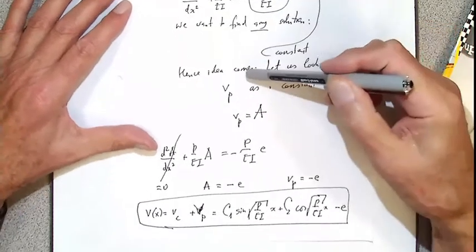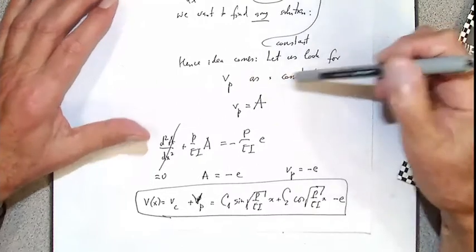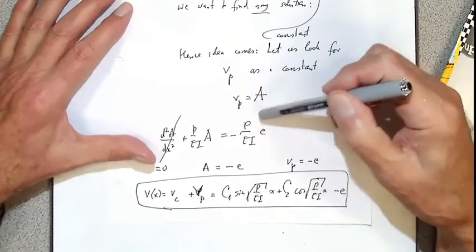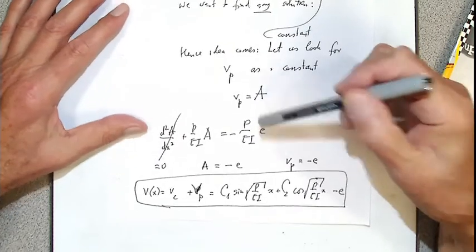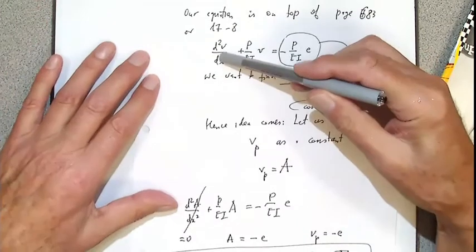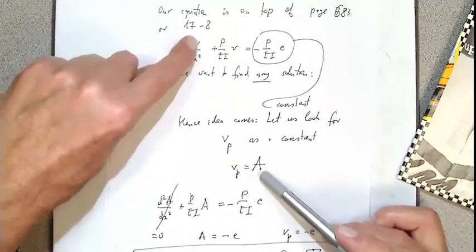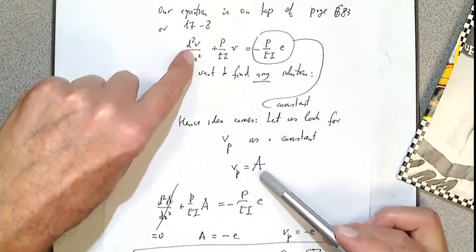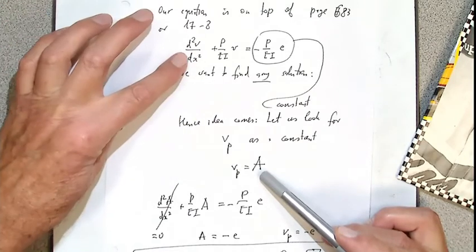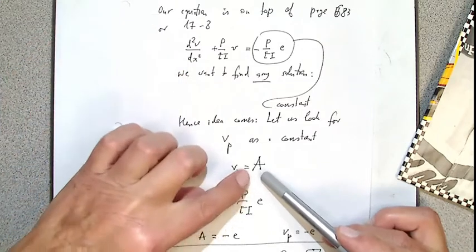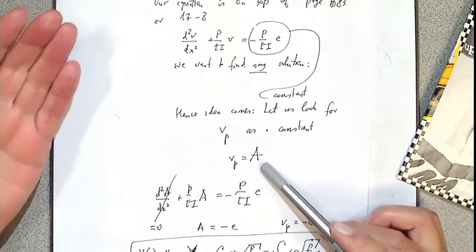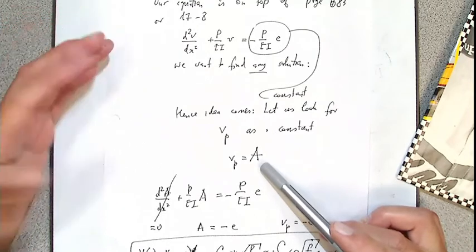Because it is a constant, the idea comes, let us look for vP, the particular solution, as a constant. vP equals A. I substitute this A into here. When I differentiate A, then I get 0, twice or even once, because a constant does not change, whereas a derivative means slope or change.